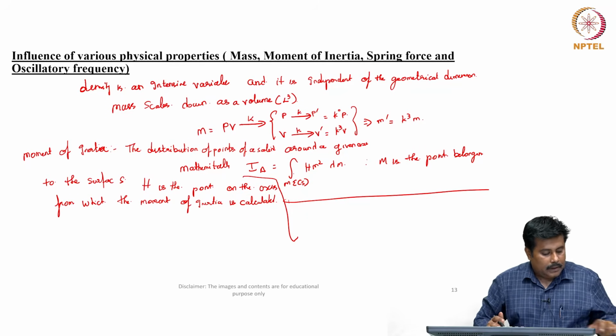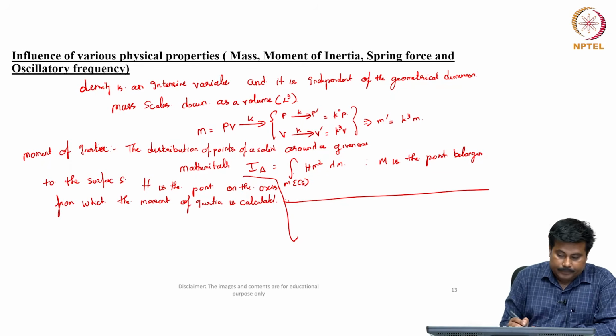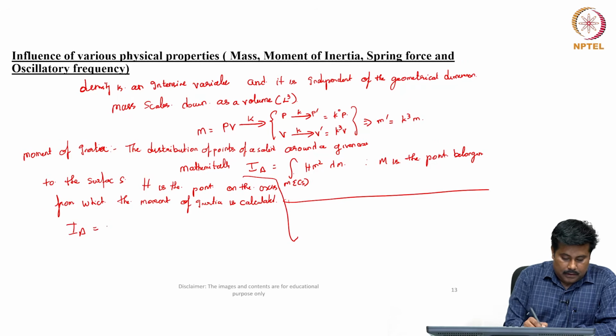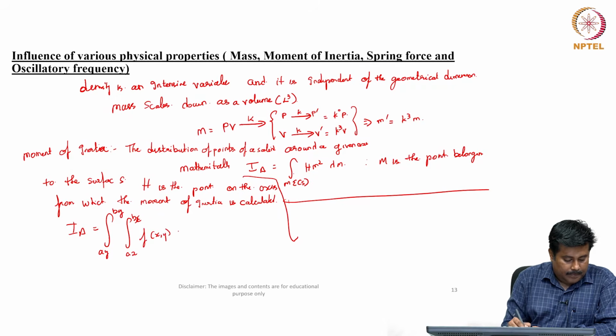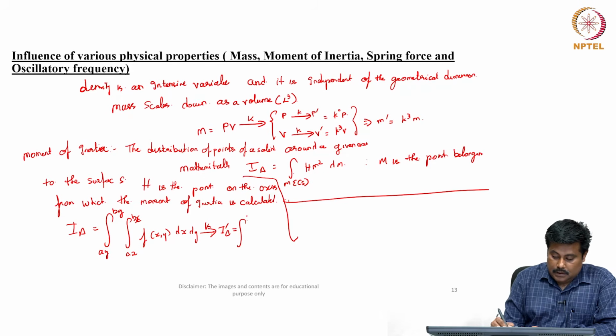Now when we look into the overall scaling factor, we can represent this as I delta equals the double integral over ay to by, ax to bx of f of x comma y dx dy, which is I delta dash equals the double integral over k ay to k by, k ax to k bx of f of x comma y dx dy.